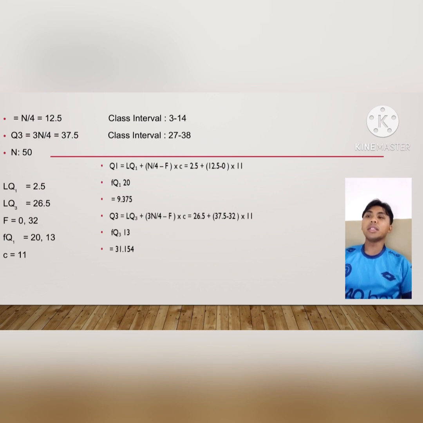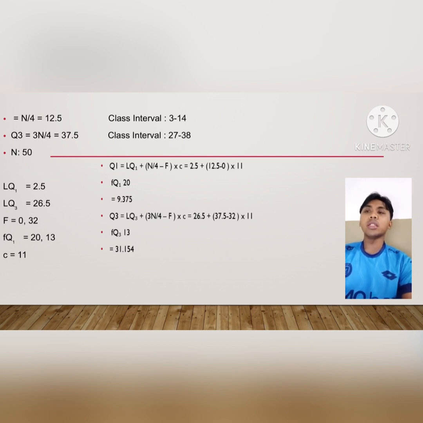This is the calculation I do for this part. Q1 is equal to n per 4, equal to 12.5, and Q3 equal to 3n per 4, equal to 37.5. The class interval is 3.